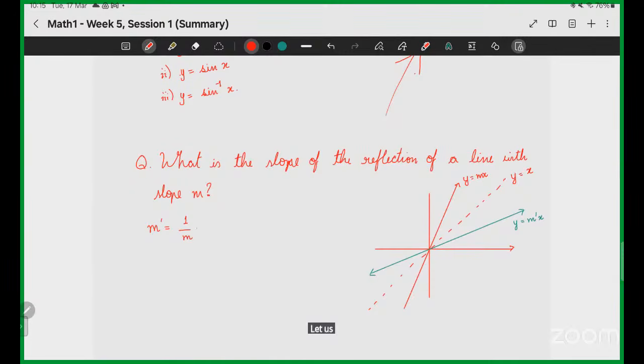Let us see why. If this angle is theta, then what is this angle? What is theta prime equal to?